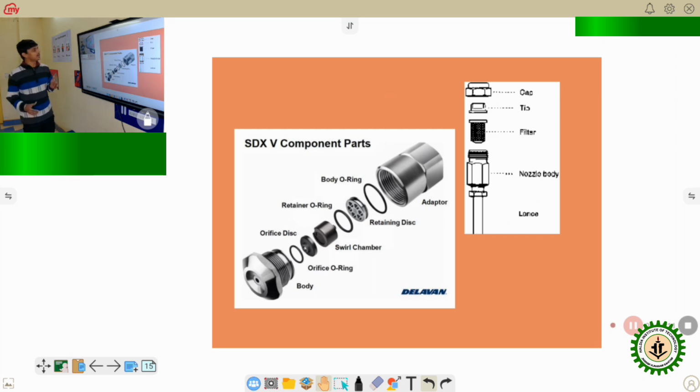Apart from this, here we are presenting the nozzle of the sprayer, which is associated with different components that make a perfect nozzle, which effectively spreads the liquid fertilizer in the field conditions.